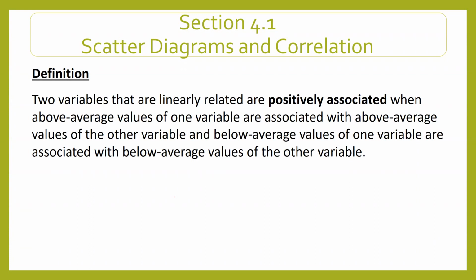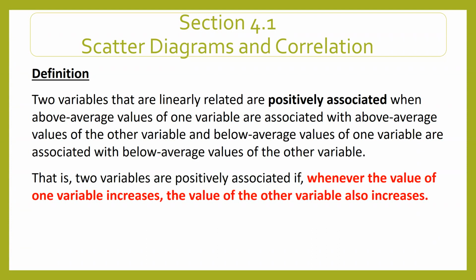In a very simple way, let's say we have two variables that are positively associated. That's why I put this in red. Whenever the value of one variable increases, the value of the other variable increases. That's a very simple way to put positively associated variables.